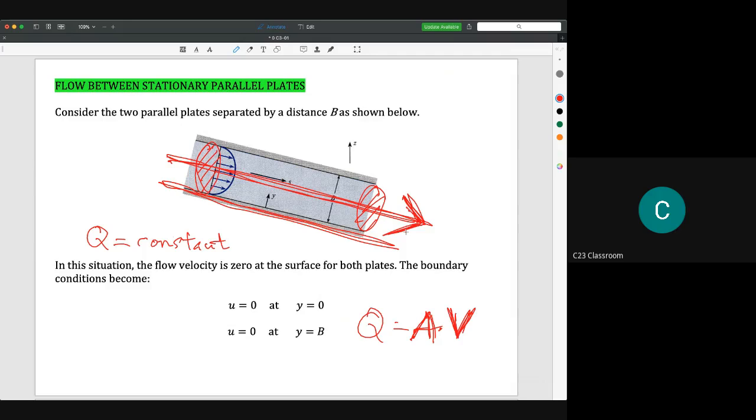If we derive it with the Bernoulli equation, let's say this is point 1 and this is point 2.